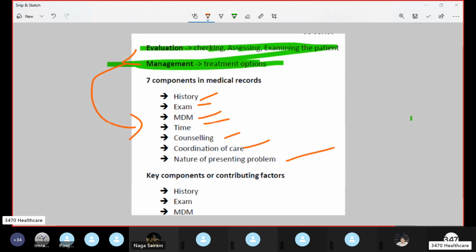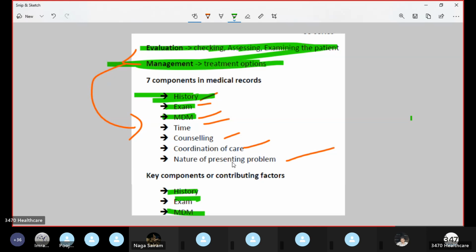Of these seven, the first three we called key components. I'm telling how we followed in the past. History, exam, MDM, these three are called key components. All the remaining are non-key components. This we followed in the past, not this year, last year and before, on the seven component basis only.